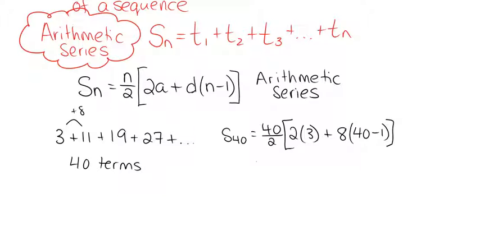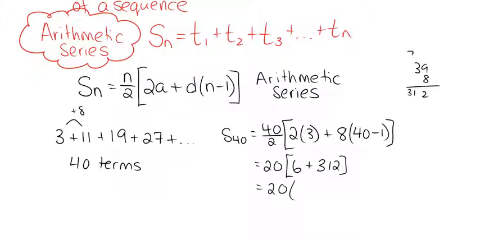Substituting everything into the formula, I end up with 20 times 2 times 3, which is 6, plus 40 minus 1, which is 39, times 8. What's 39 times 8? That's 312. Then I do 6 plus 312, which is 318.